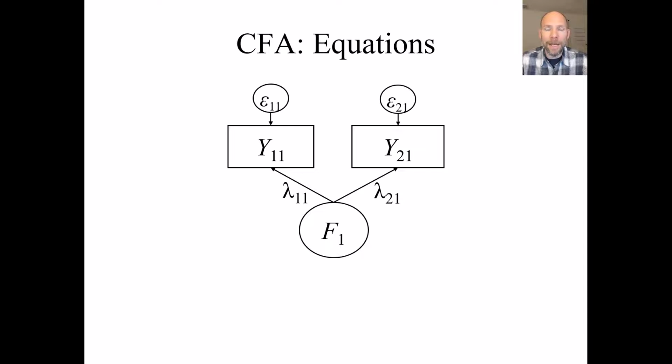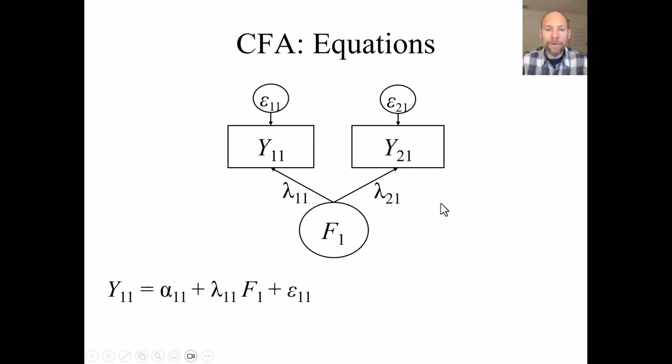And in addition, we have the error variables epsilon 11 and epsilon 21 that characterize random measurement error, as well as variable specific variance that is not shared with the other variable that also is loaded on this factor. And so say epsilon is a blend of error variance and specific variable variance.